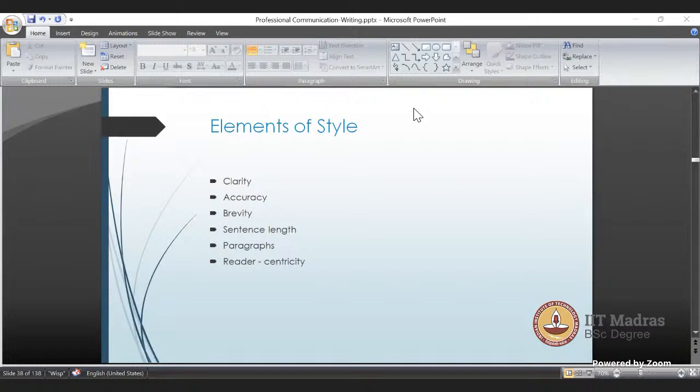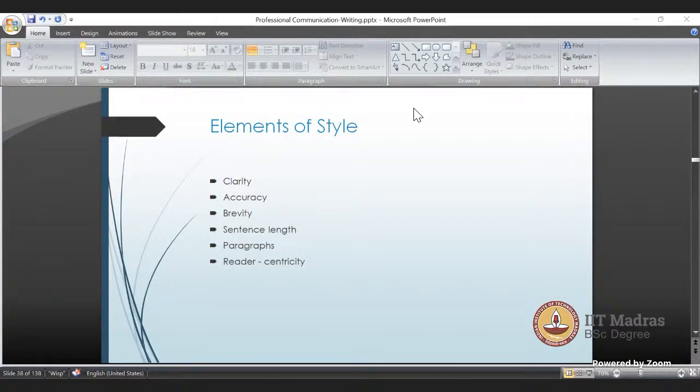Then sentence length is what we are going to discuss today mostly. Sentence styles. Paragraphs we already had a look at, and we know how they have to be written, so I'm not going to discuss them over again. Reader centricity. Whatever you do with your sentence or your paragraph or your arrangement, as a writer, you have to always be focused on who your reader is. If you're writing for, say, a scientific community, it will have a different tone, structure, and feel to it.